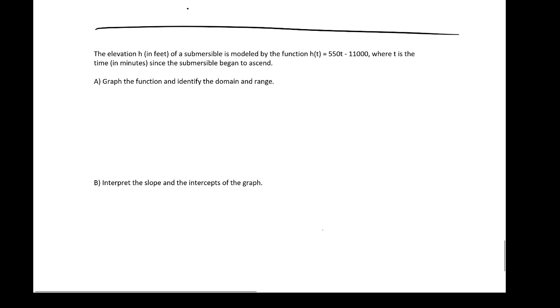We have a few things we have to accomplish here. A, we're going to graph the function and identify the domain and range. And then we're going to interpret slope and the intercepts of the graph. We're going to use a scale here, because that's going to be the best way for us to go about this.